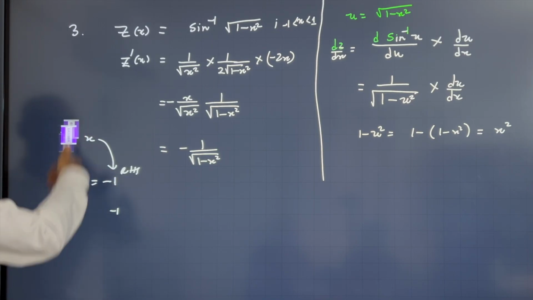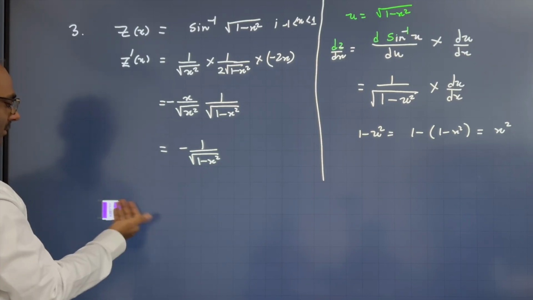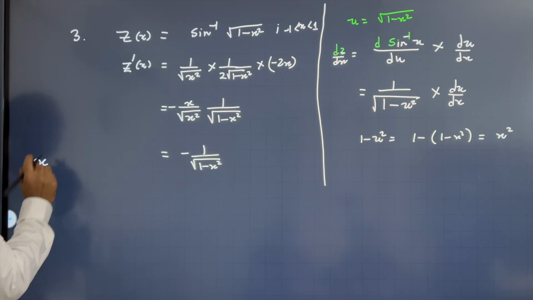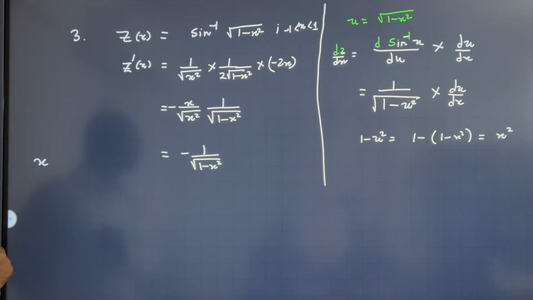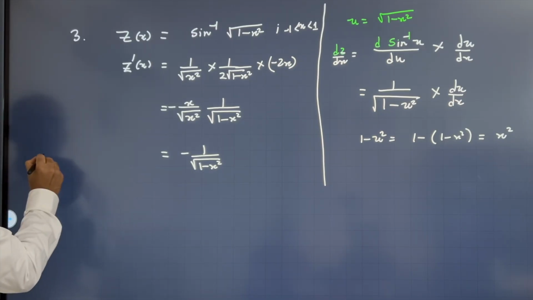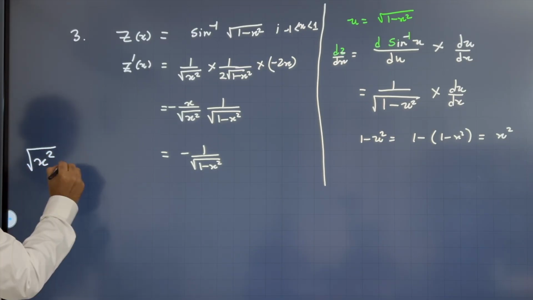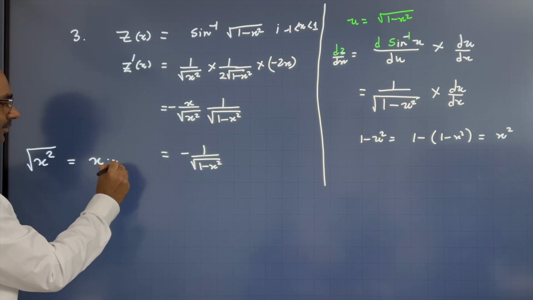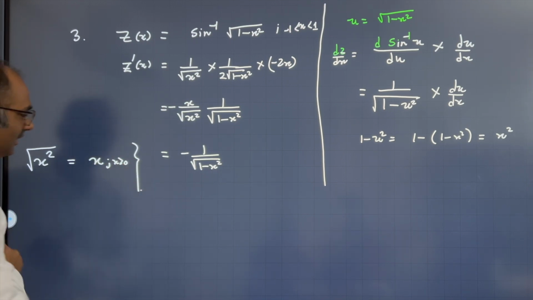So if you understand what is wrong, then let's understand what is right. Is this getting captured in camera, by the way? Yes. Okay. Square root of x square is equal to x if x is positive. Agreed?